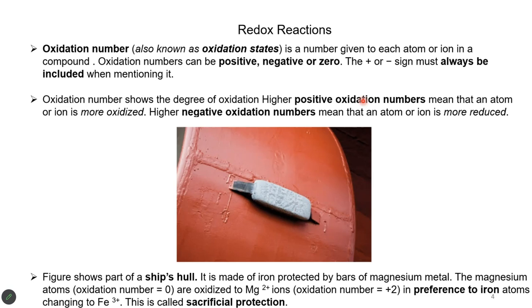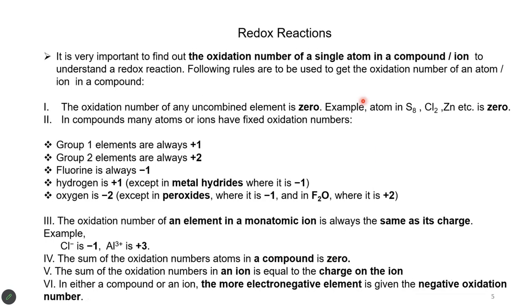Okay, so in redox reactions, I talked about oxidation number. Now we have to follow some rules to assign the oxidation number of atoms or ions in a compound. What are those rules?